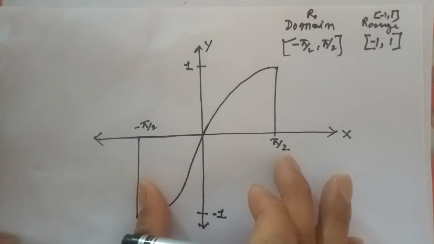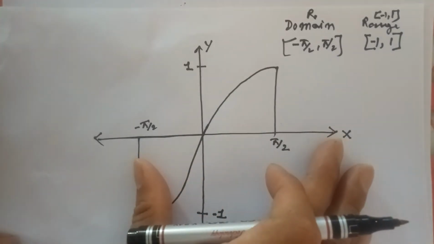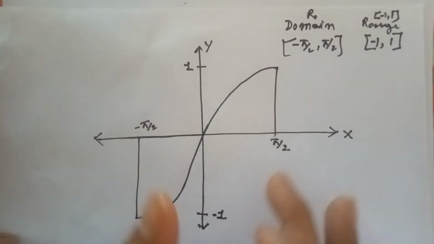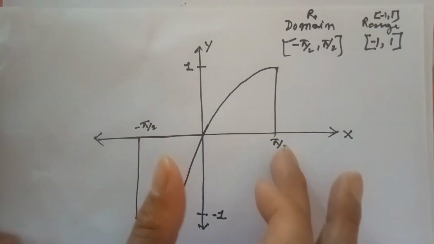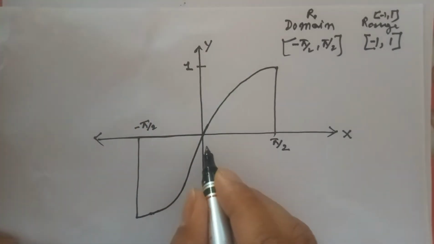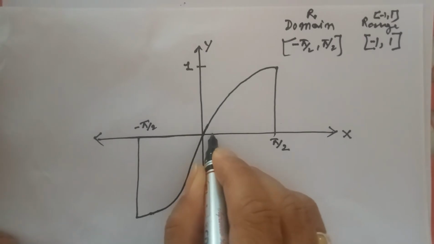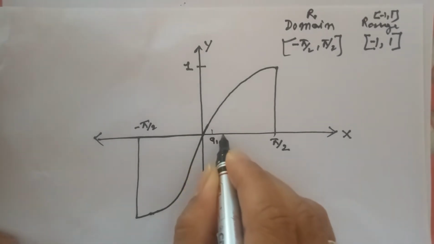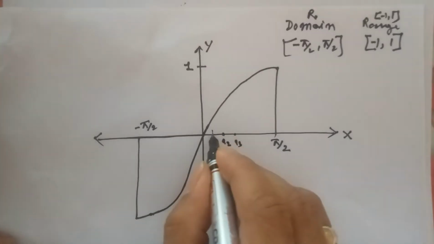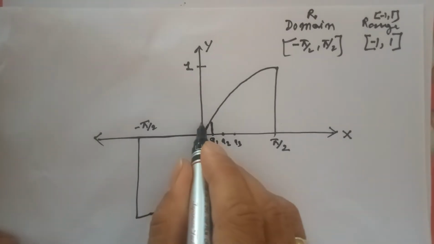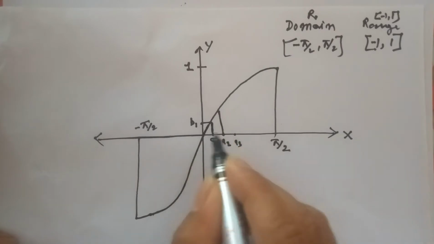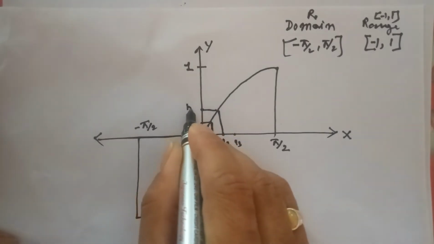As you know, earlier it was the real numbers, now we take only up to here, whatever value we take between pi by 2 and minus pi by 2. Now let's take some values. Let these be a1, a2, a3, and I will plot the corresponding values b1, b2, b3.